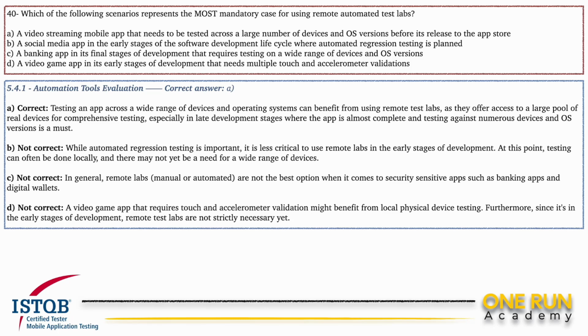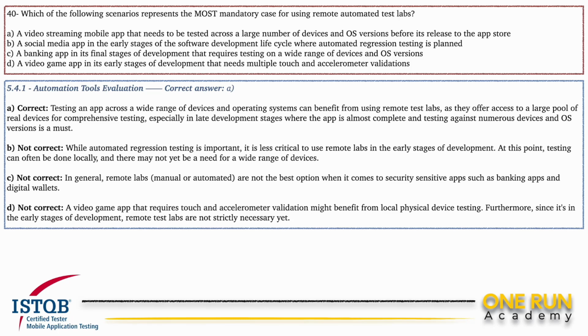Now, option C states that a banking app in its final stages of development that requires testing on a wide range of devices and OS versions is a good reason why we should go with remote automation labs. I would say no to that, as banking apps involve sensitive data and strict security requirements.